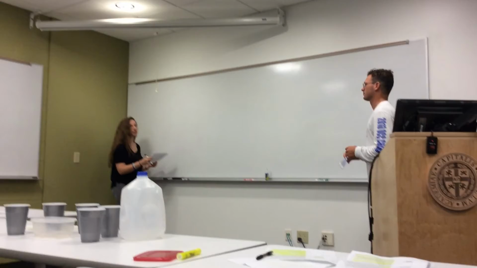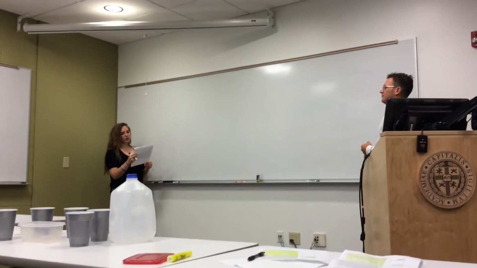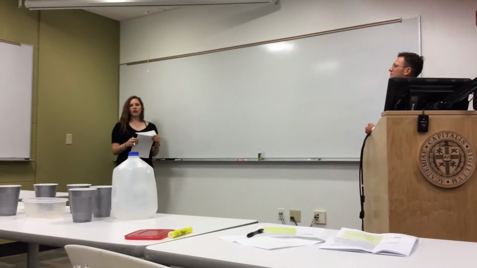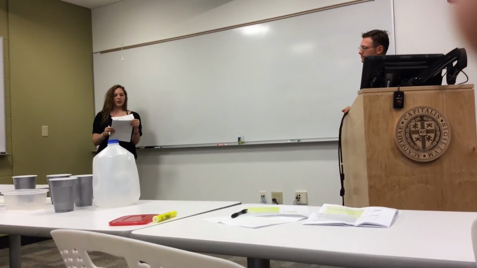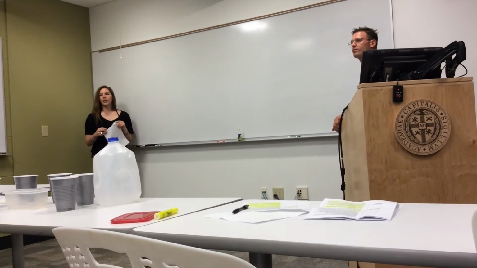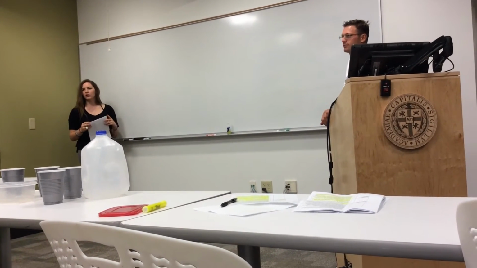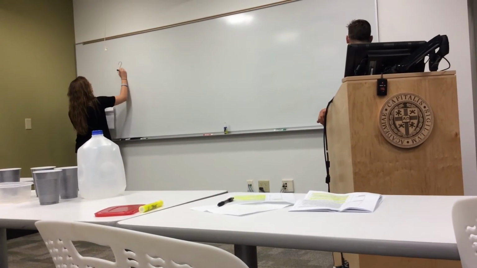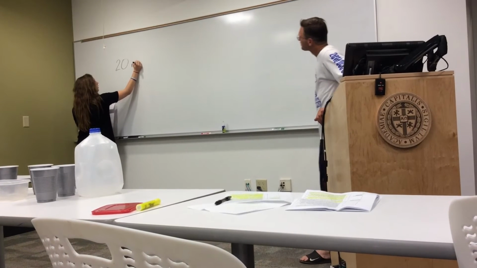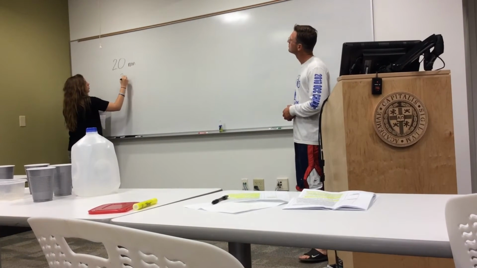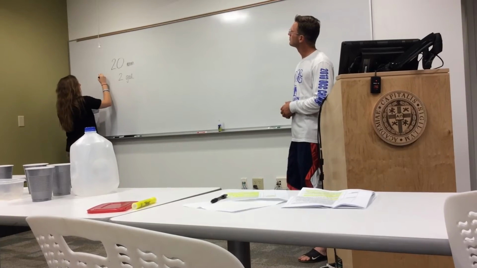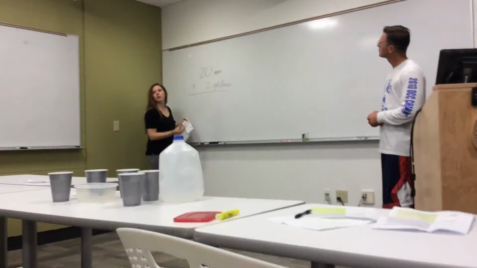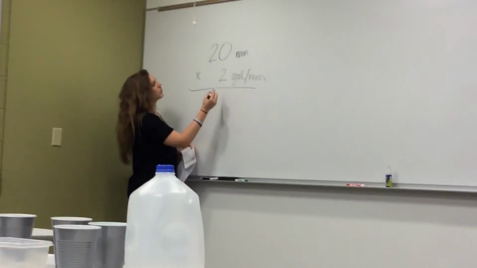So our second question is, if Mr. Curtis washes his dishes by hand for 20 minutes, how many gallons did he use? Can anyone look at their sheet and tell me how many gallons per minute dishwashing by hand takes? Yes, Jessica? 2 gallons per minute. Okay, so if he's going for 20 minutes, and it's 2 gallons per minute, do we know how to solve this problem? 2 times 0.